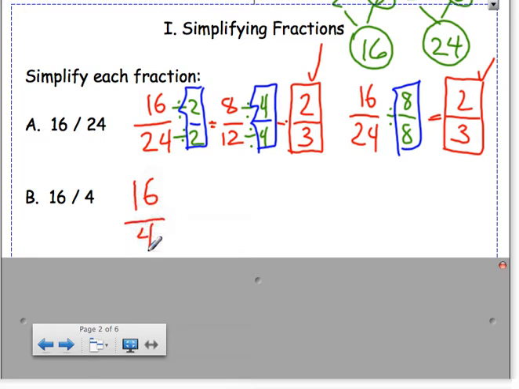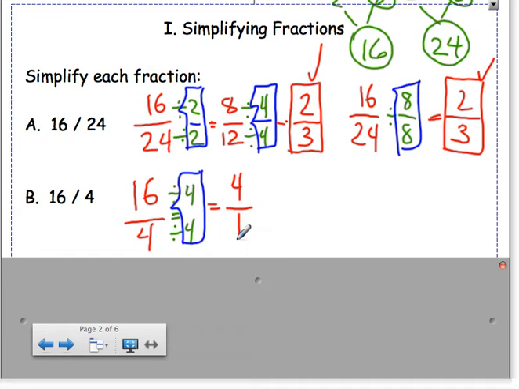If you're looking at this fraction, I'm hoping that you see immediately that 4 goes into 16 evenly. So I know that this is going to simplify to a whole number. But if I were to use the same steps as last time, I know that I can divide the numerator and denominator by 4. 16 divided by 4 is 4. 4 divided by 4 is 1.